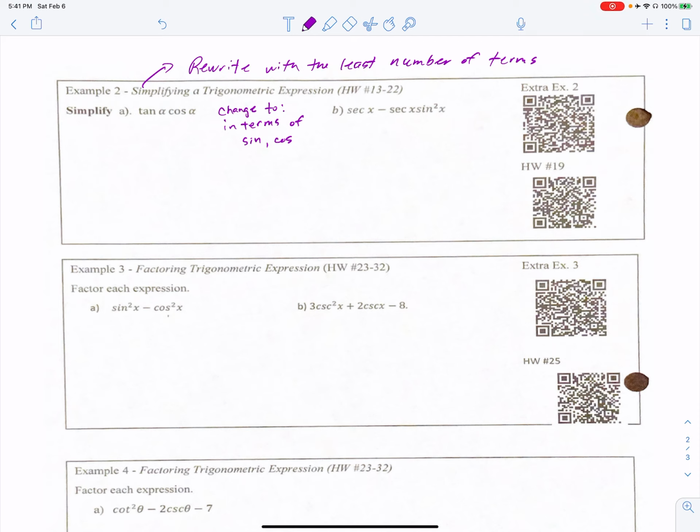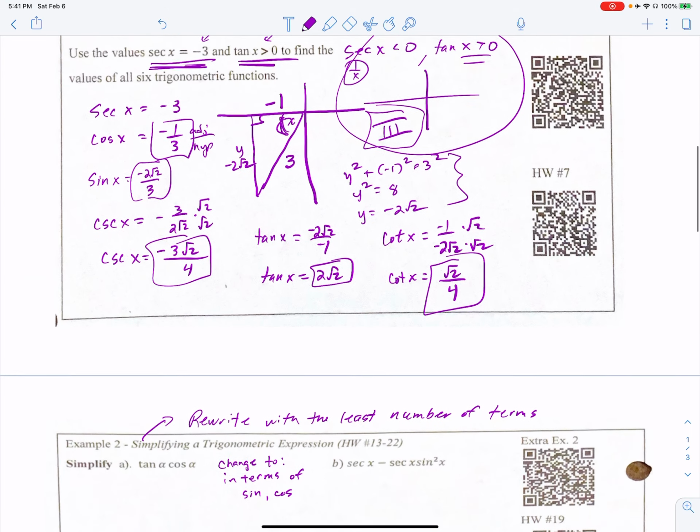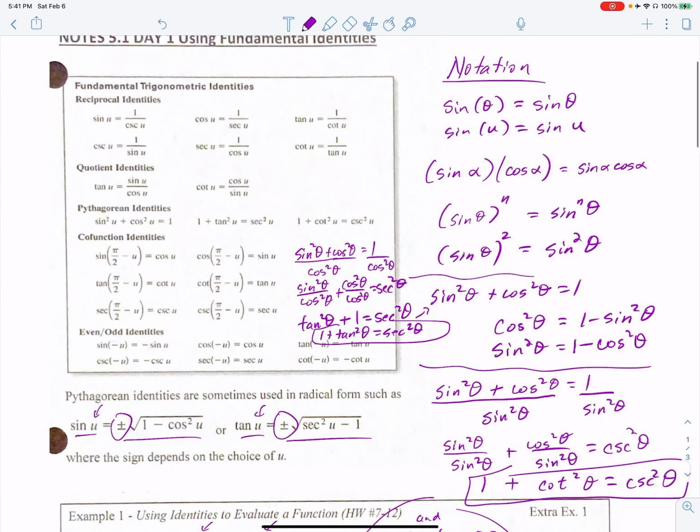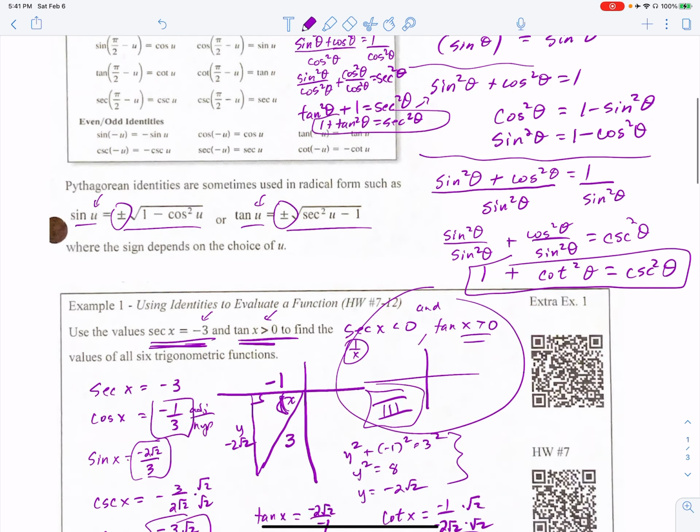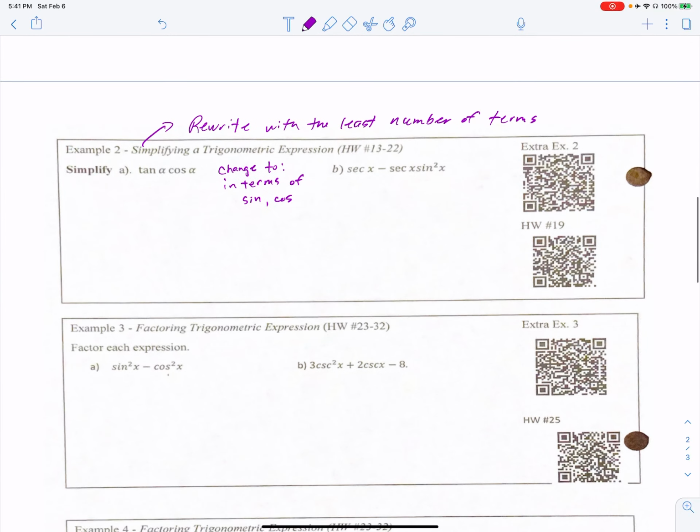So now we're going to go back to those identities. Cosine already is in terms of sine, but what about tangent? What was tangent? When we go back here, tangent is sine over cosine. So I'm going to replace tangent with sine over cosine and see what happens. You need to write the original down, work down the page, and then use the argument, whatever variable it is for the angles.